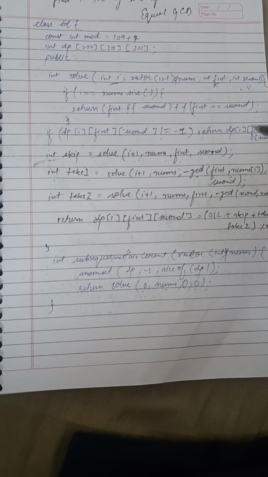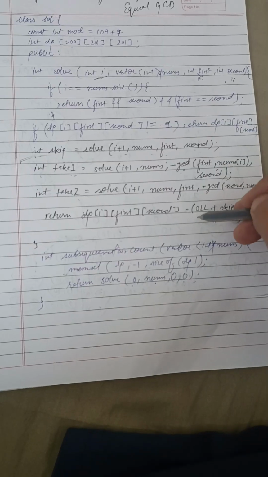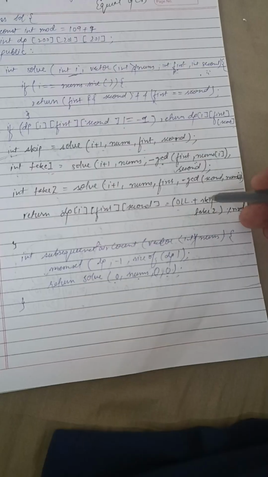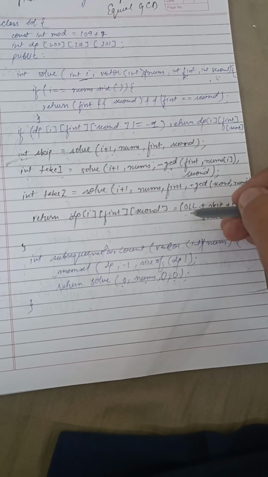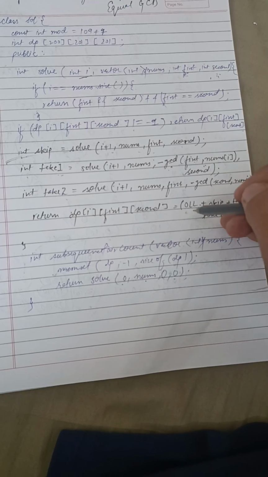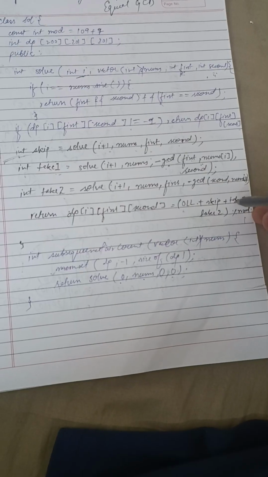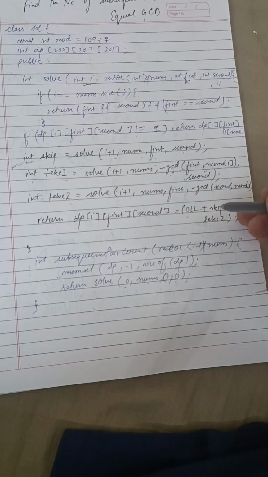Since the answer can be too large, I am taking it mod, and I have already explained why I am adding 0 LL, because the number may be too large. By adding 0 LL, all the variables become long, because there may be a possibility that the skip is an integer, which can't hold the bigger value.